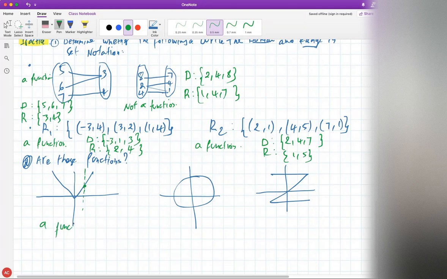The second one is not a function, because with the vertical line test the line meets the graph twice, so there's a duplicate. Finally, the third one is not a function. The line meets the graph a bunch of times: one here, another here, and another here. So not a function.